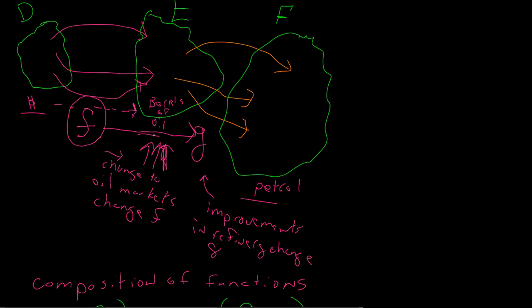At the same time, I'm not done with the process. Once I get those barrels of oil, I want to refine them into petroleum, because raw crude oil doesn't do me much good. The refining of petroleum has its own rules. It's a mechanical process. It has plants, it has worker salary, it has safety and insurance concerns. It has its own set of rules that determine how much petroleum I get out of those barrels of oil.